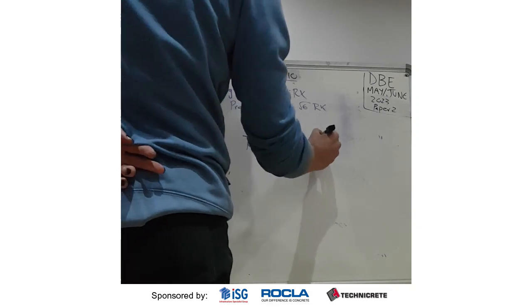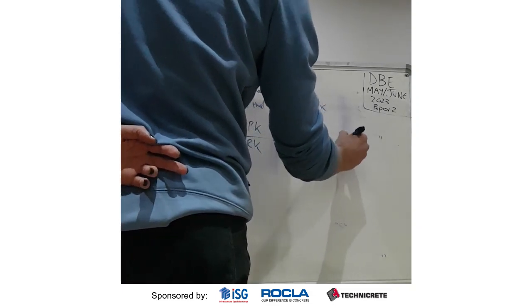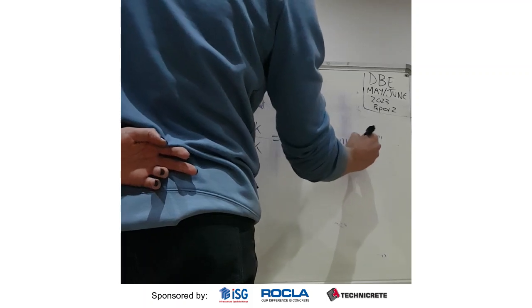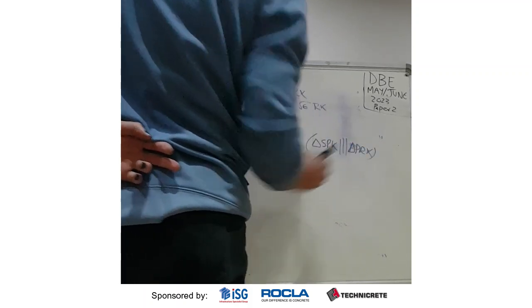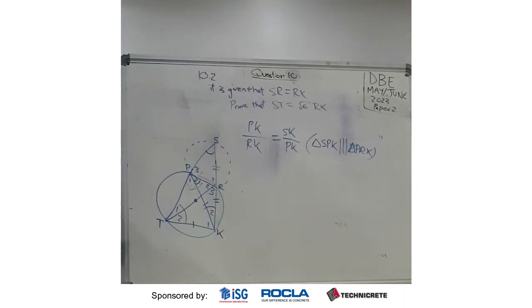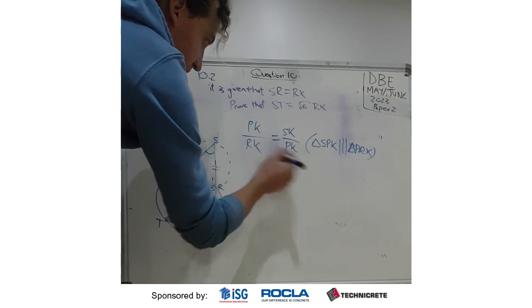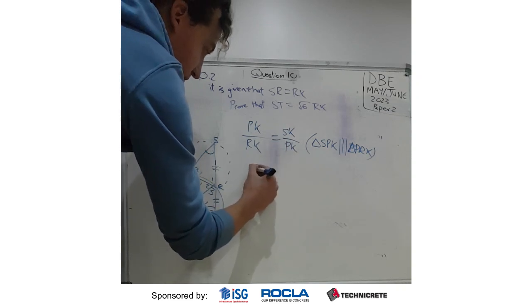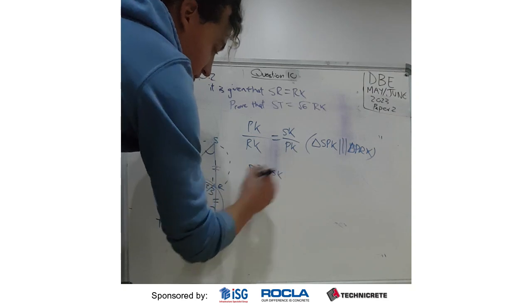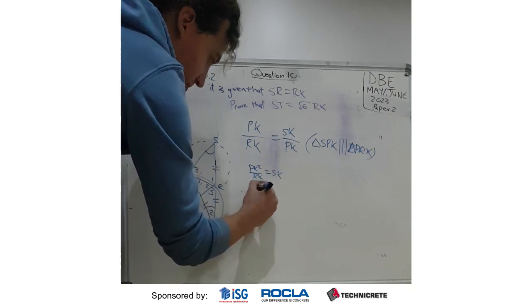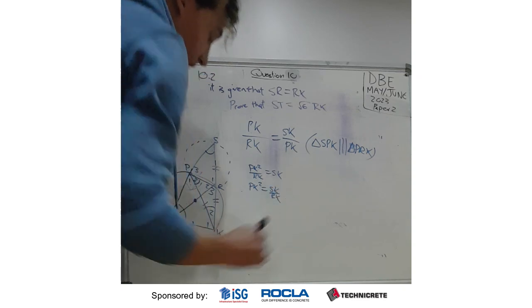Reason being that these two triangles we just proved are similar, triangle PRK, and they have proportional sides. Let's rearrange this a little bit. Let's times both sides by PK, so that makes PK squared over RK is equal to SK. Divide both sides by RK. PK squared equals SK times RK.